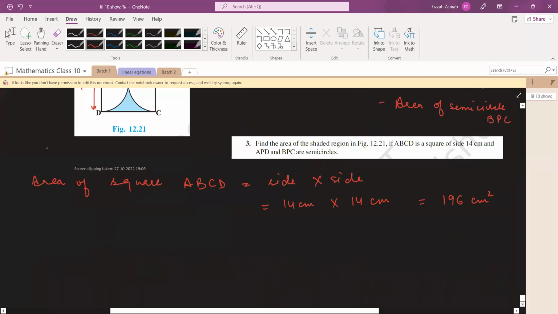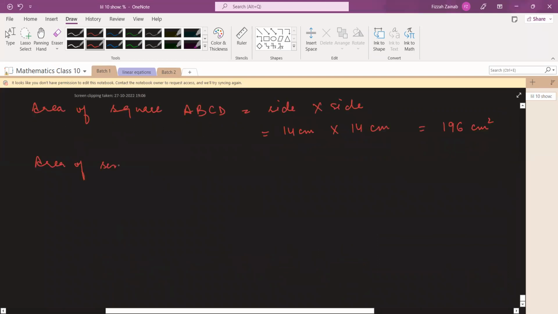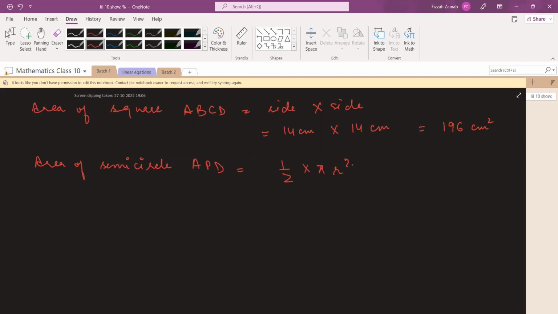Now area of semicircle APD, right? So this is half of the area of the circle, right? Half into pi r square. So half into 22 by 7 into how much is the radius of this semicircle? Yes, Subhana, how much is the radius of this semicircle? 7.